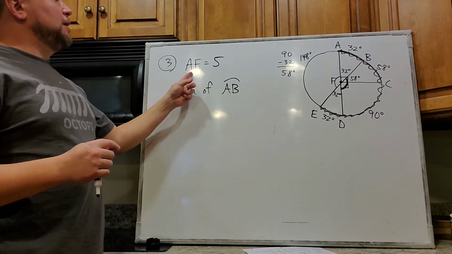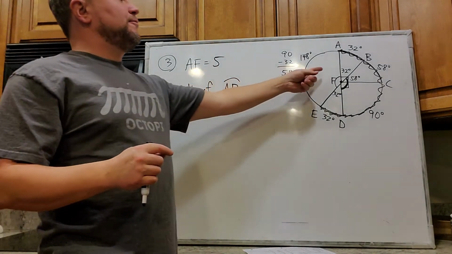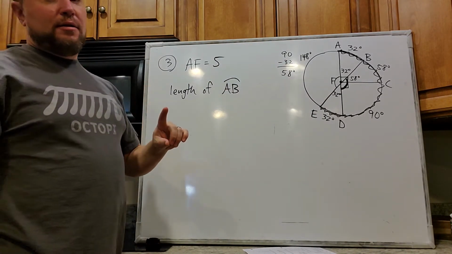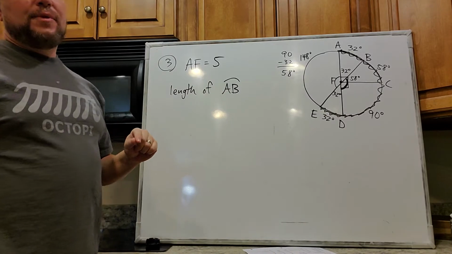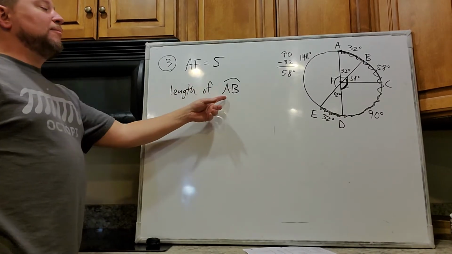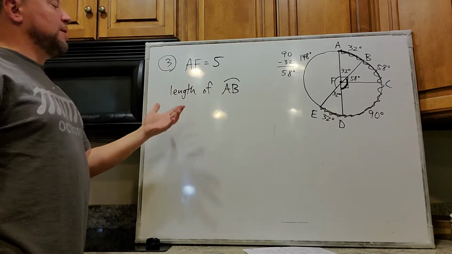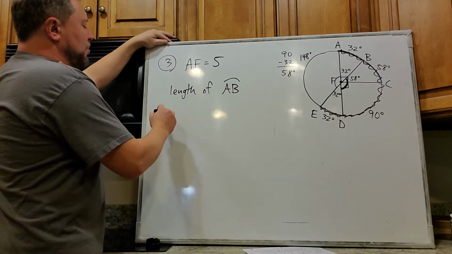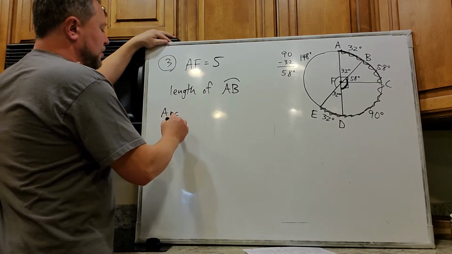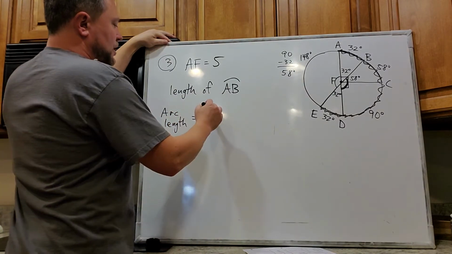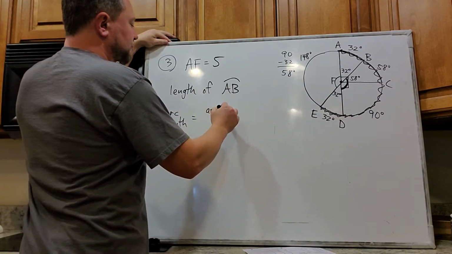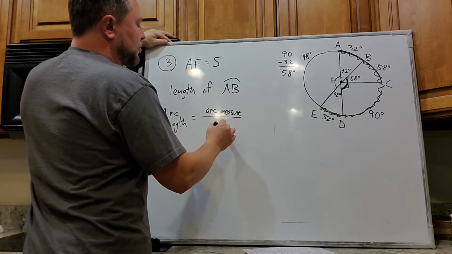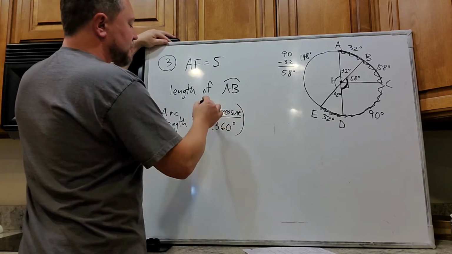So the radius being 5 is all we really need, other than the measure of that arc as well. We're not finding the measure of the arc, but we're going to use the measure of the arc to find the length. So here's the formula, by the way. Arc length equals the arc measure divided by 360 degrees.